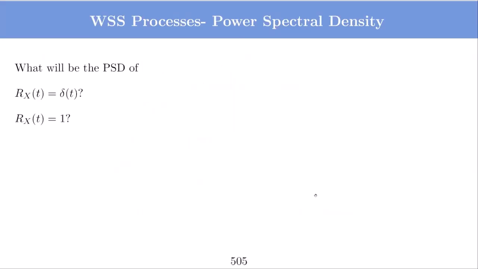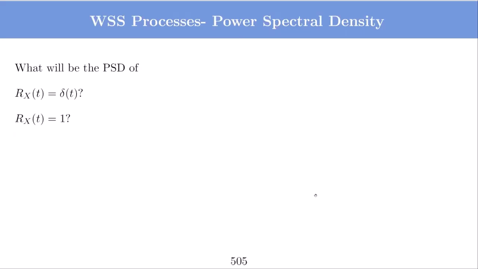So what will be the PSD of these two particular signals which we discussed? Rx(t) is delta(t), so the power spectral density would be just 1. Okay, so 1 means it's constant. What does it tell you? If you get a constant PSD, it means that the signal has equal power corresponding to all frequencies.